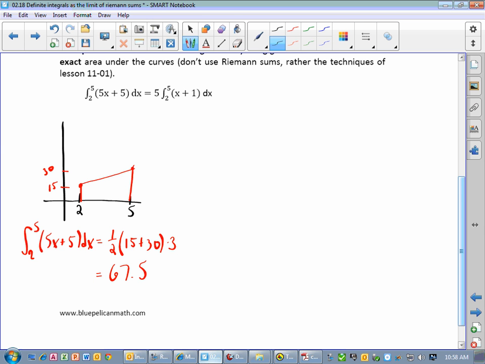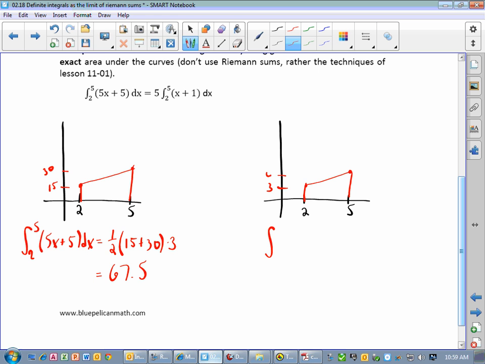Now let's do this one. It says 5 times the integral from 2 to 5 of x plus 1. So we want to graph x plus 1 from 2 to 5. So if we plug in 2, we get 3. Plug in 5, we get 6. So we've got a trapezoid.